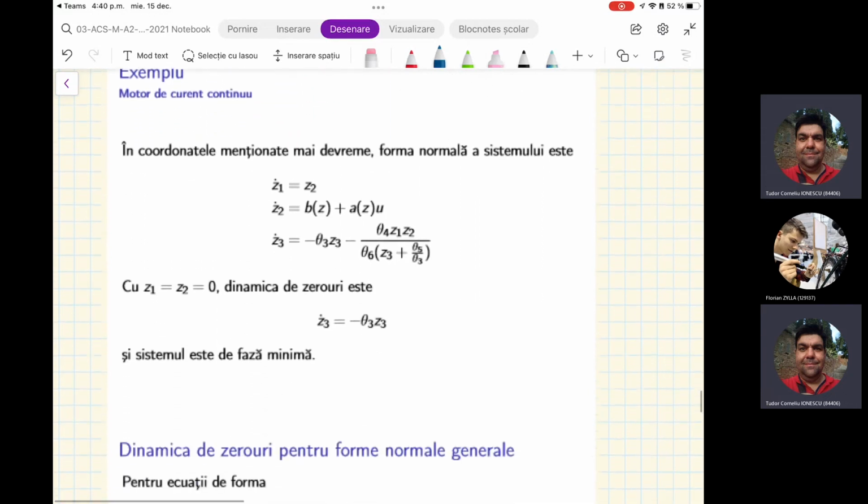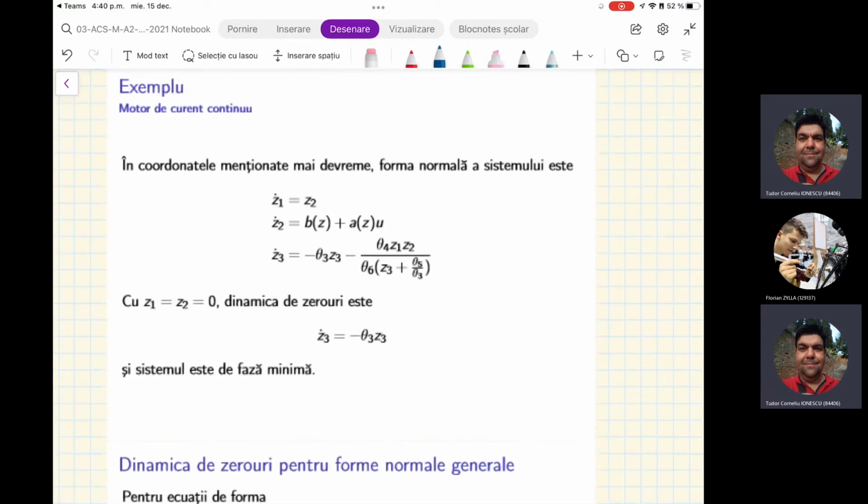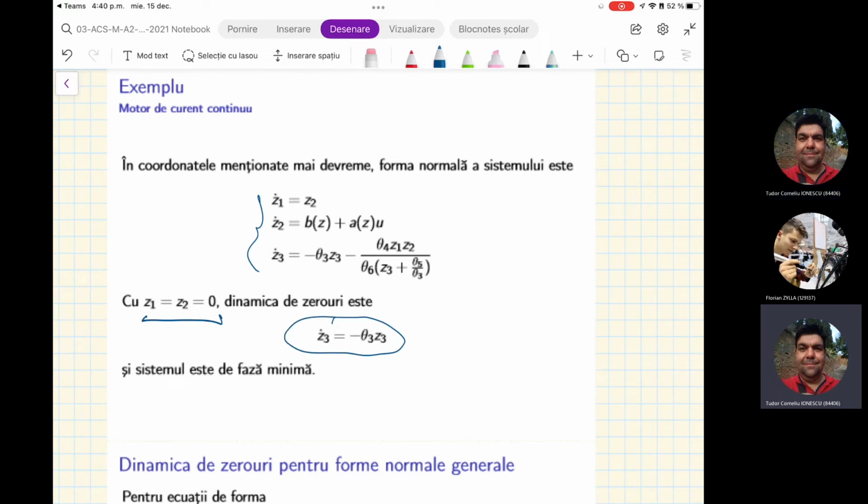Okay. Now, if we go back to the DC motor, in the new coordinates, the normal form has this form. And for z1 equal to z2 equal to 0, the zero dynamics is this, which is also stable because theta 3 is a negative constant. This is also stable. So it's minimum phase.